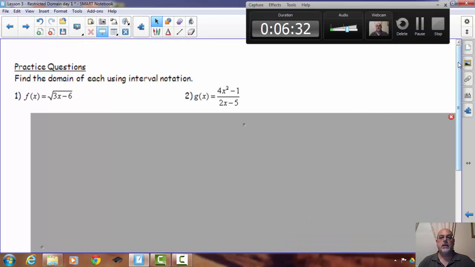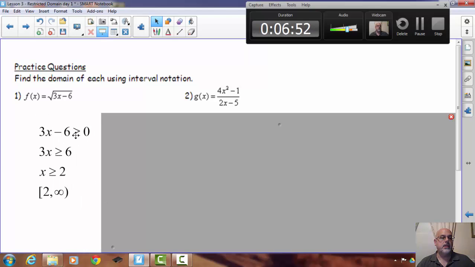Let's take a look at two practice questions that you also have on your sheet. Let's find the domain of each using interval notation. Example 1, f of x is equal to the square root of 3x minus 6. We take the 3x minus 6, set it greater than or equal to 0, solve it.